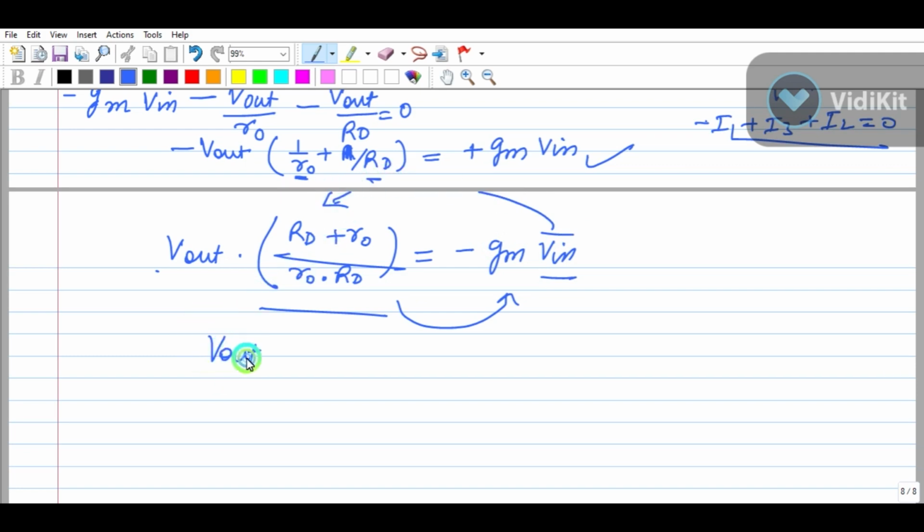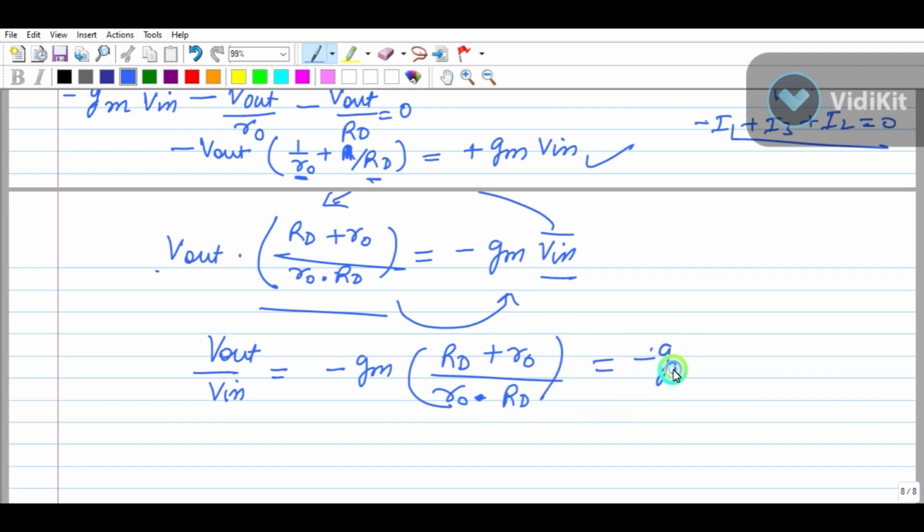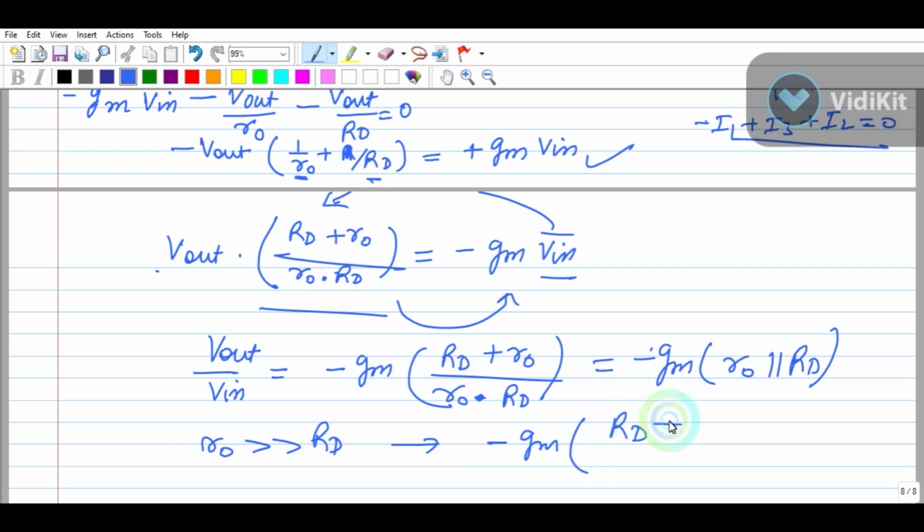So V out by V in will be equal to minus GM into (RD plus R naught) divided by (R naught dot RD). Okay, which means minus GM into R naught parallel RD. Okay, if R naught is very high, I'm taking one condition, R naught is very high as compared to RD, then what will happen?